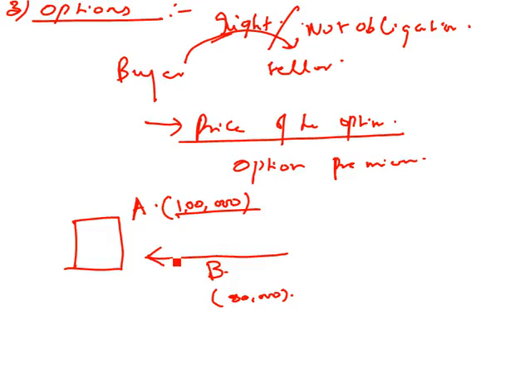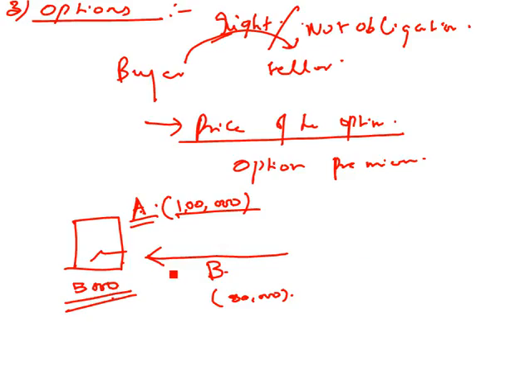So he says, give me 30 days, don't sell this land to anyone. A agrees to it, but asks him to pay a certain token advance, let's say 5,000 rupees for 1 month. So B gives A the 5,000 rupees to hold this land for 1 month. After 1 month, there are two possibilities.